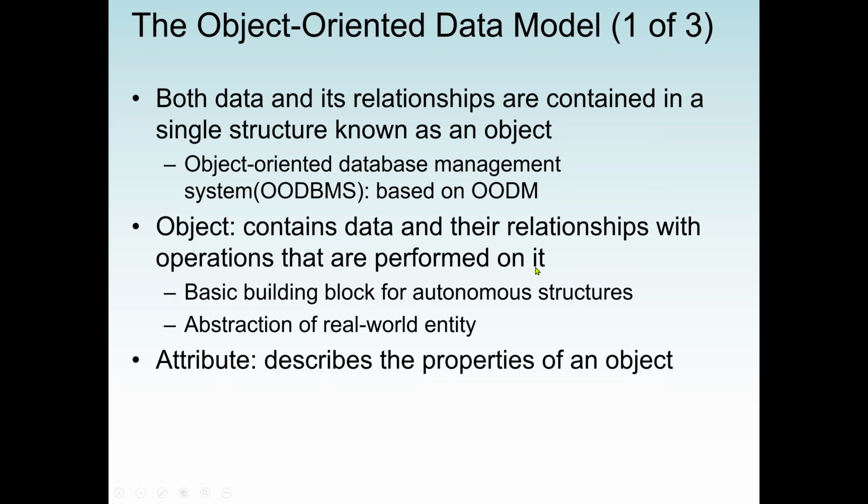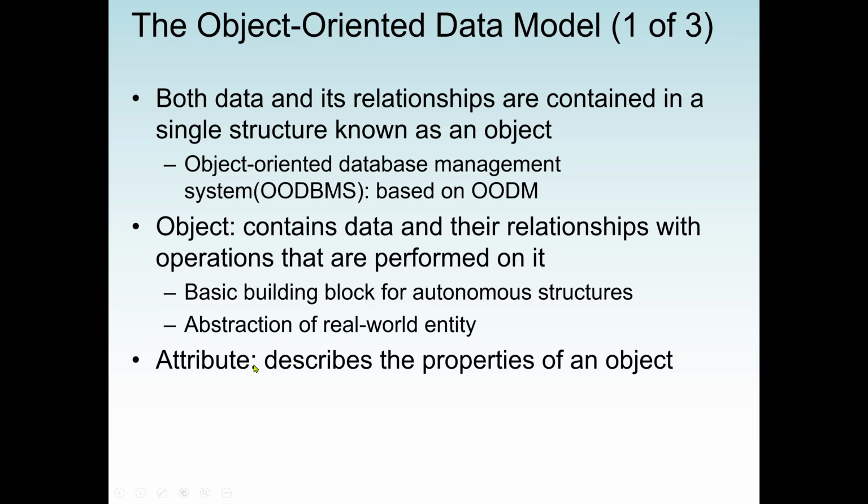In our programming, we will say an object consists of data members and also the operations that can be performed on it, which will be the methods. And the same concept here: it contains data and the relationships with operations that are performed on it. So it is the basic building block for autonomous structures and also the abstraction of a real-world entity.